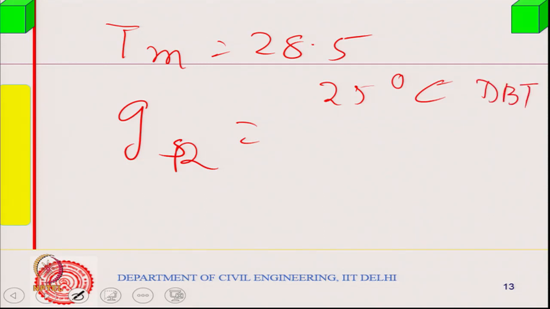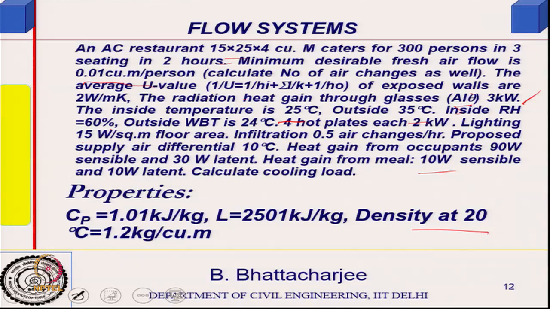The wet bulb temperature is given, and inside relative humidity is 60%. The average U value is given, the radiation is given, inside is 25 at 60% relative humidity, outside is 35 and outside WBT is 24.